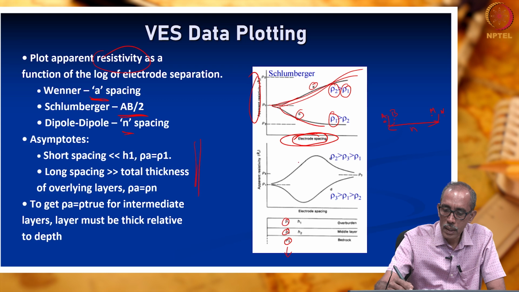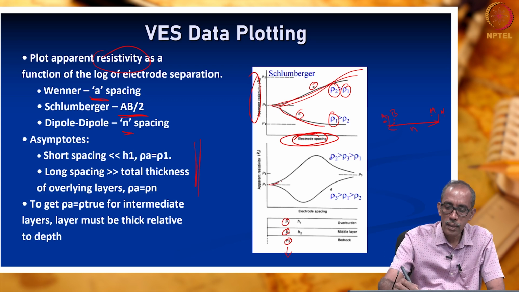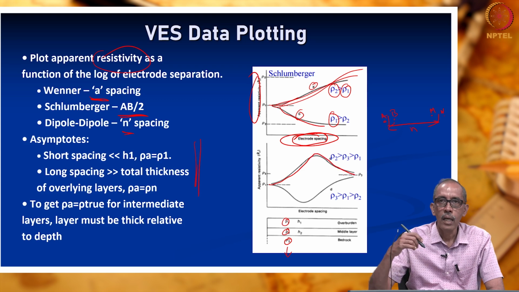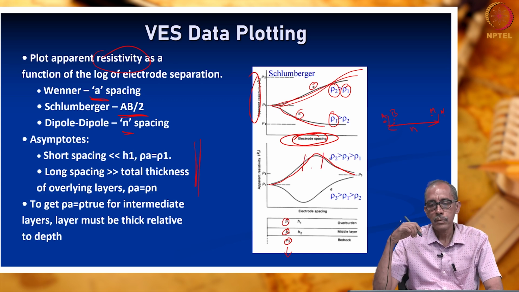Then let us take up this case. Here resistivity initially increases, reaches a maximum and then goes down. The moment you see such a thing, mostly the deflection points, that is the change in curvature, indicate a lithological contact.